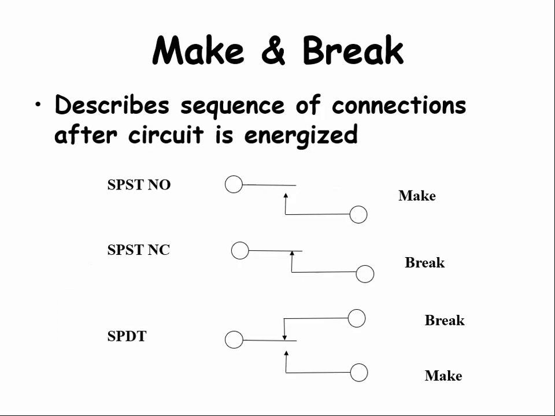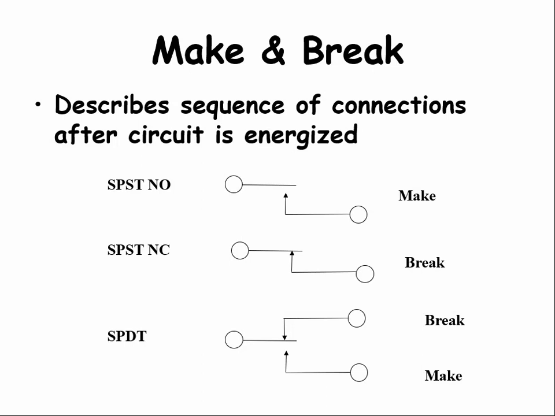The next relay characteristic is called make and break. This characteristic describes what happens after the relay is energized. The top little sketch shows a single pole, single throw relay that is normally open. The normally open characteristic means that when the relay is de-energized, the circuit is open.